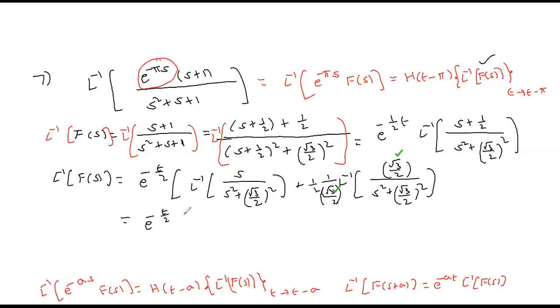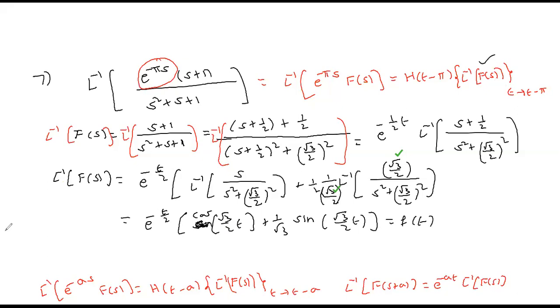So this is going to be e^(-t/2) times cos(root 3/2 t), and the 2 gets cancelled, plus 1/root 3 sin(root 3/2 t). So this is f(t). Substitute this f(t) here and replace t with t minus pi. So what is my final answer?